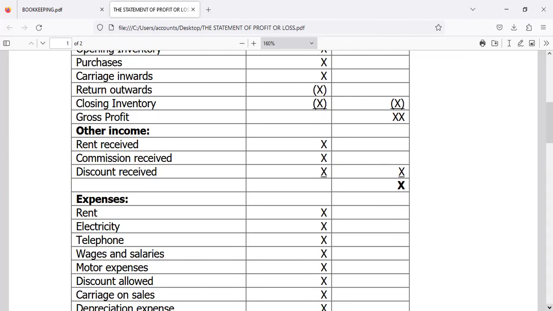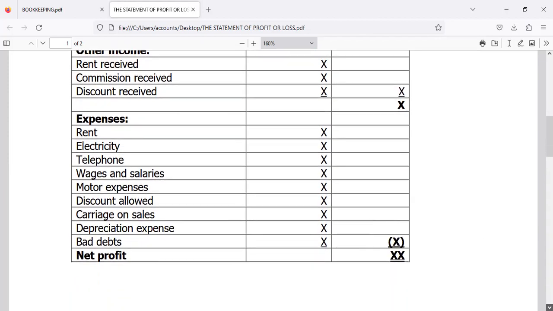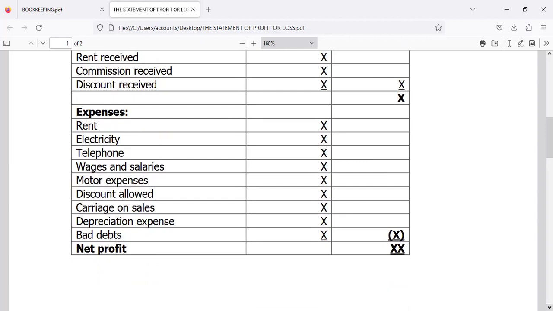Then we add them to the gross profit to come up with what we call the total incomes or gross incomes.